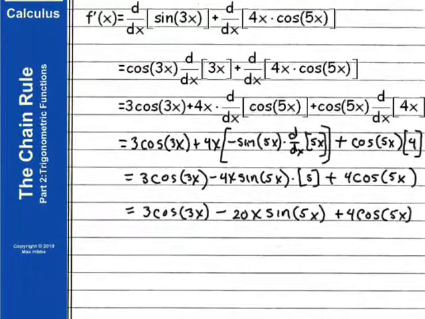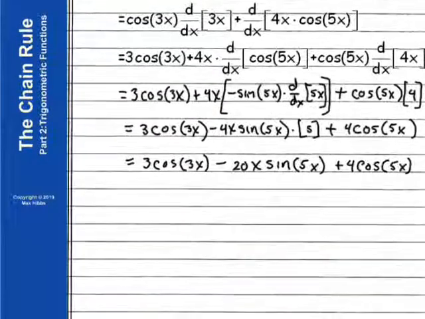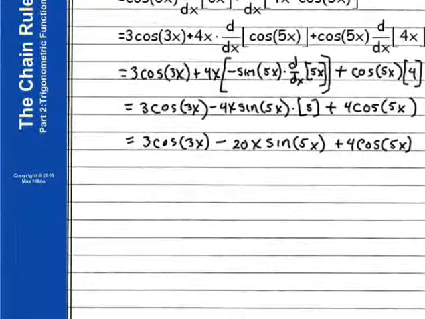So the slope of the tangent line at x equals pi is the derivative evaluated at pi, which simply means we're going to replace each x with a pi.